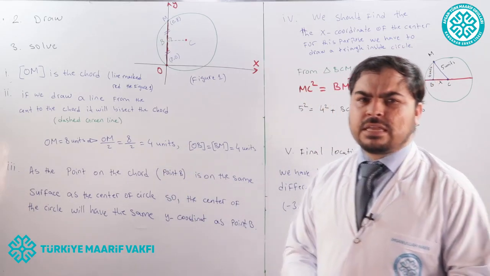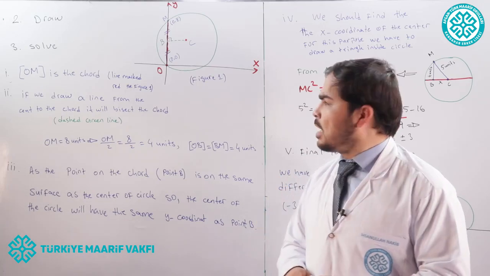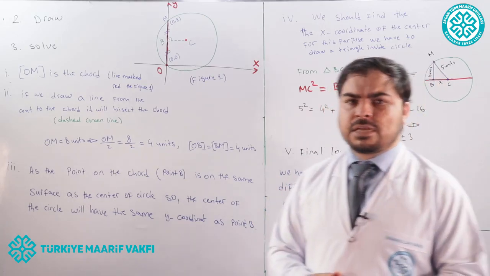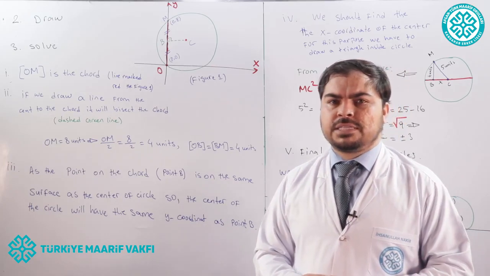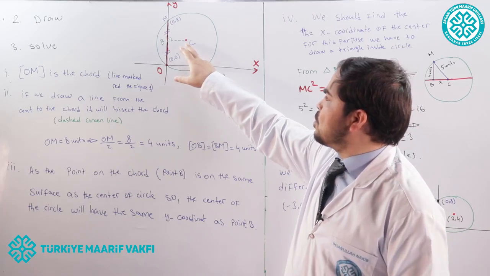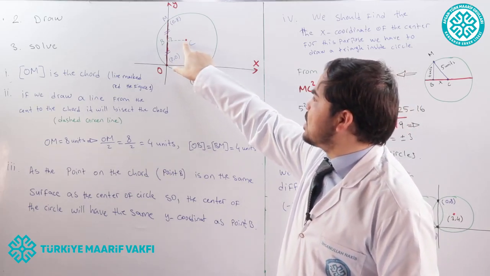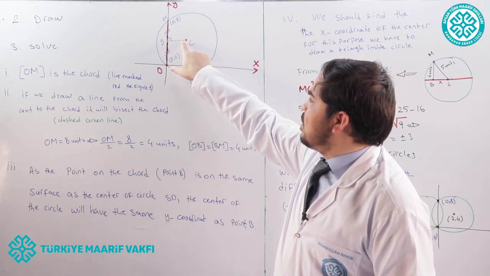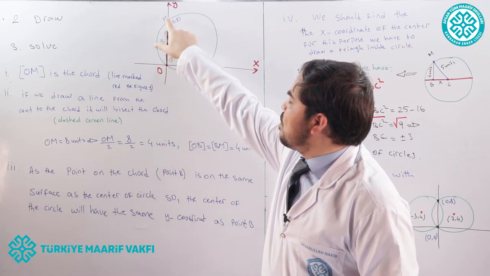In the second condition of the circle we have studied that if there is a chord and we draw a line from the center to that chord, that line will bisect the chord into 2 equal parts. We are applying that rule to this circle. We have the center, and we are drawing a dashed line from the center to the chord.